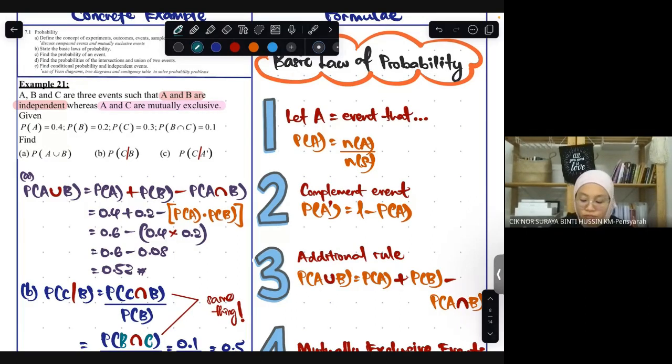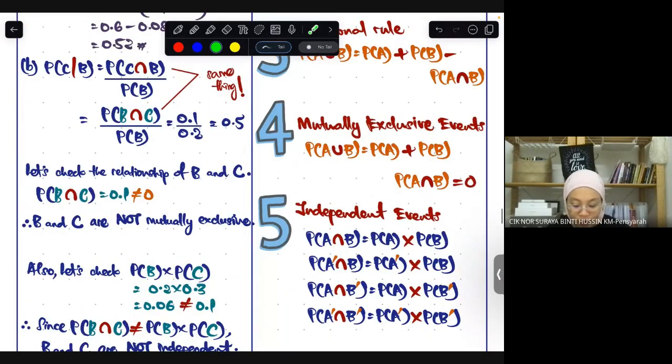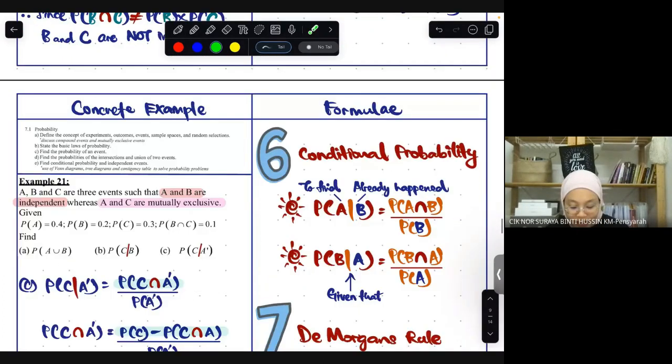So untuk example yang seterusnya yang terlalu panjang untuk saya explain dan saya tak cukup masa, please try to do all of this by yourself, DIY, and I can just scroll this down here so that you can boleh tengok sikit-sikit nanti.